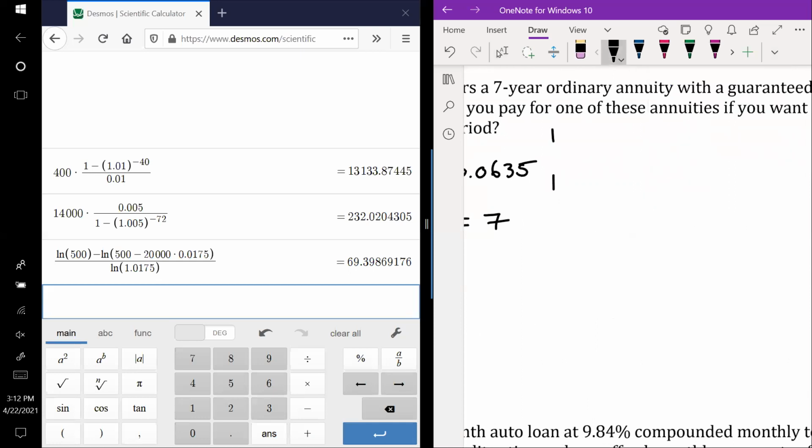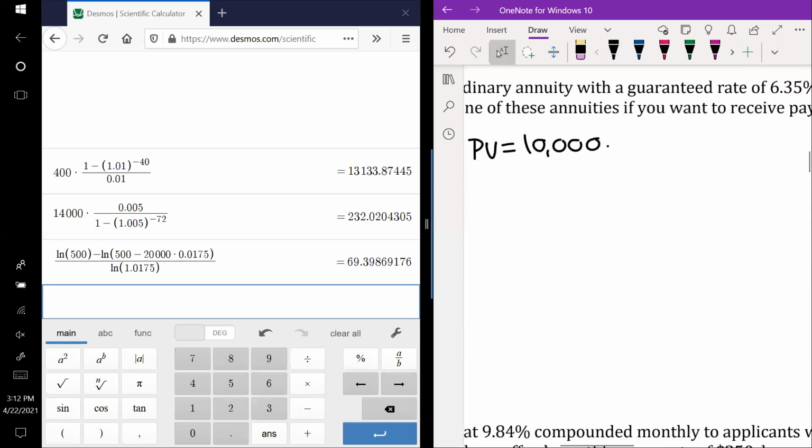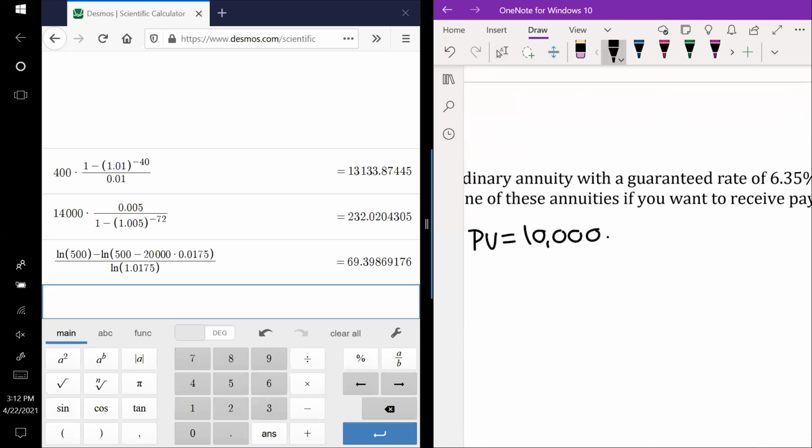So present value is going to be equal to 10,000 times 1 minus 1 plus I, which is 0.0635, to the negative N, which is going to be negative 7, all over I, which is 0.0635.